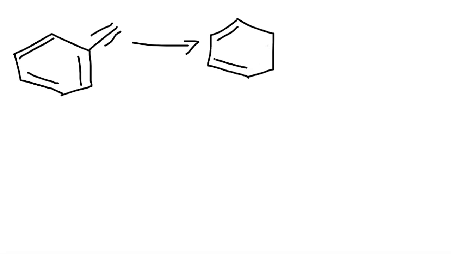If we have this structure over here, okay, again we have a terminal alkyne because it's at the end, and so this was reacting with the same reagents that we used before, and so we would redraw the structure, okay.